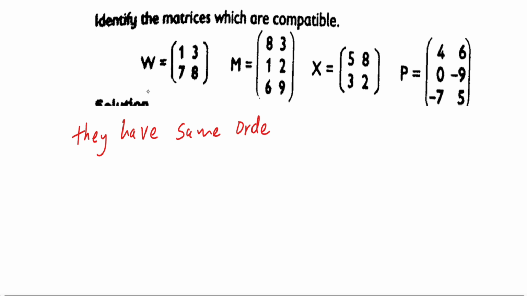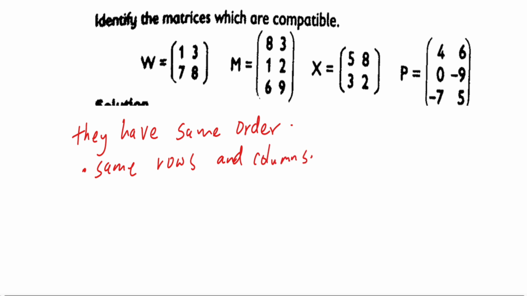So those are a combination of 2 matrices that have the same number of rows and same columns.